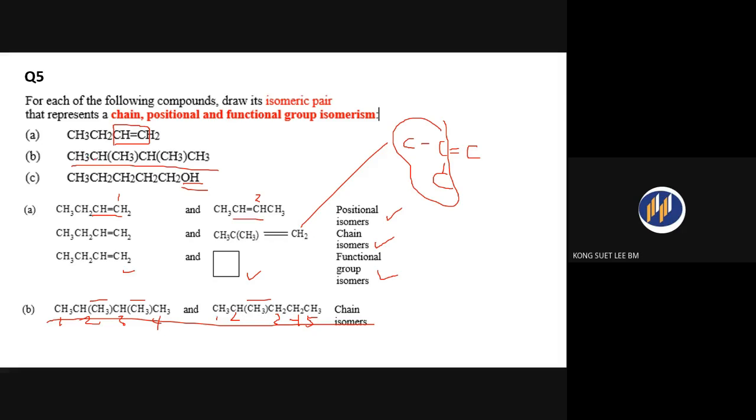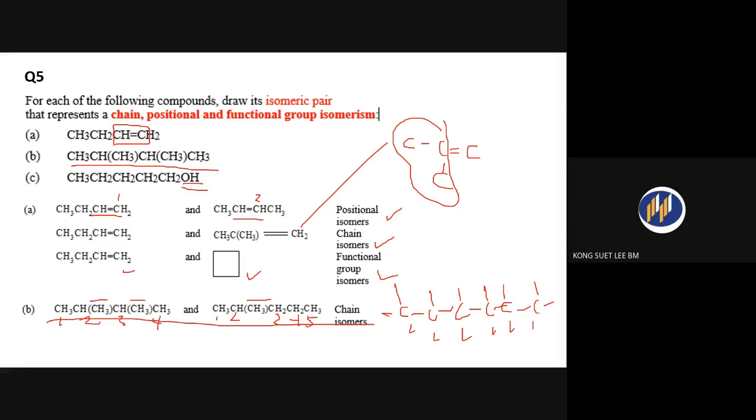Okay, can 1, 2, 3, 4, 5, 6, meaning that you draw hexane. Yeah. Okay, hexane, and then you have to double check the number of carbon and the number of hydrogen. Is it tally? Well, you draw 1, 2, 3, 4, 5, 6. Hydrogen 1, 2, 3, 4, 5, 6, 7, 8, 9, 10, 11, 12, 13, 14.